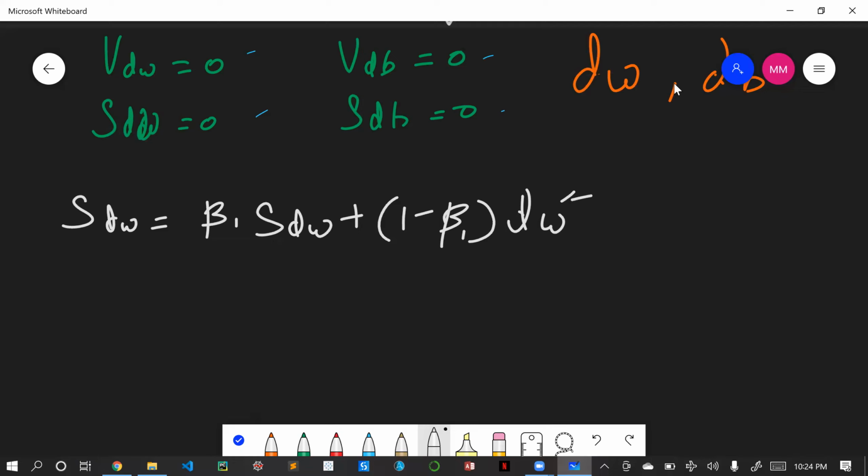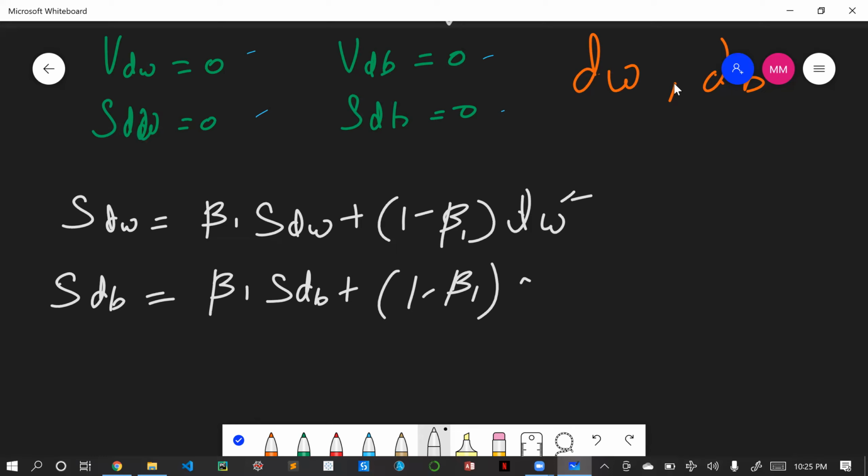This was our equation for RMS prop with respect to W. So we have another equation, right, with respect to B. So that will look something like this. SdB is equal to beta 1 times SdB plus 1 minus beta 1 times dB square.